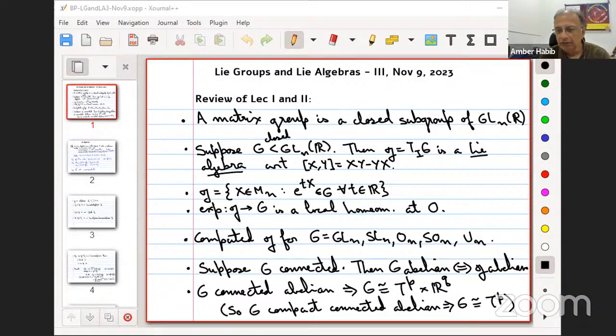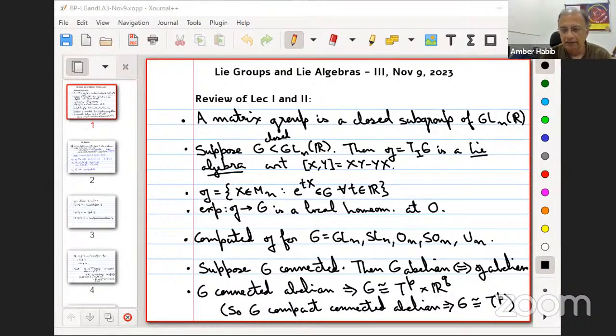Okay, there's a characterization of the Lie algebra, which matrices are actually in the tangent space. So if your matrix group is a subgroup of GL n R, then the tangent vectors would come from n cross n matrices, and in particular, they would come from the ones such that e to the tx belongs to the group for every real t.